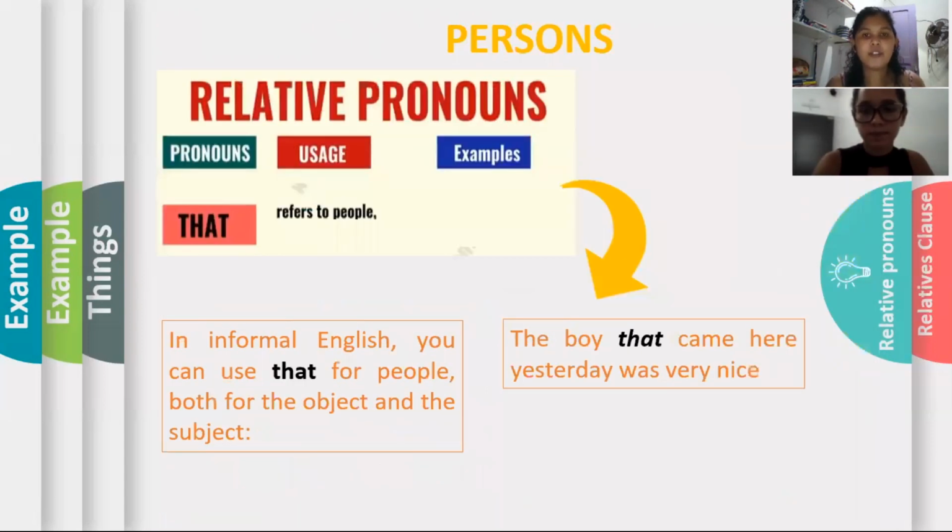The pronoun that also refers to people. In informal English, you can use that for people, as object and subject. For example, the boy that came here yesterday was very nice.